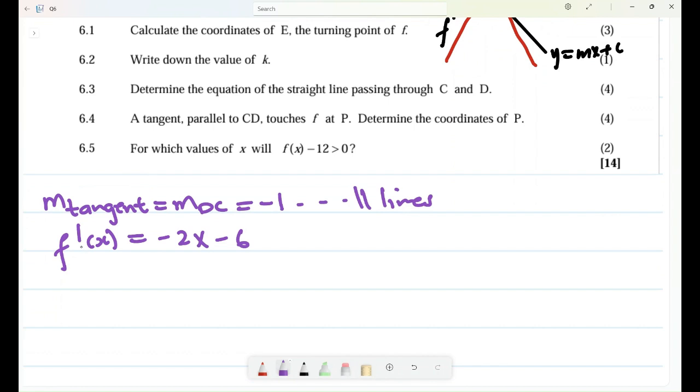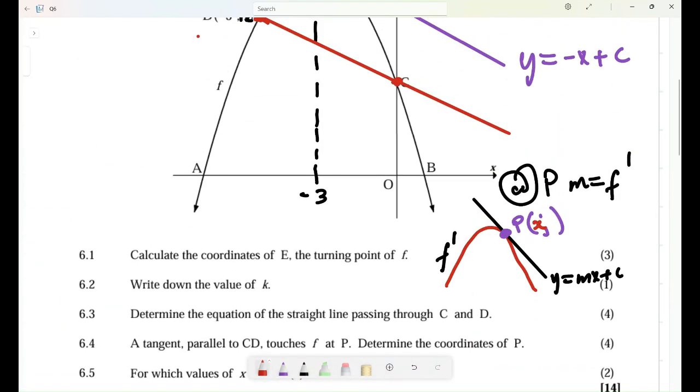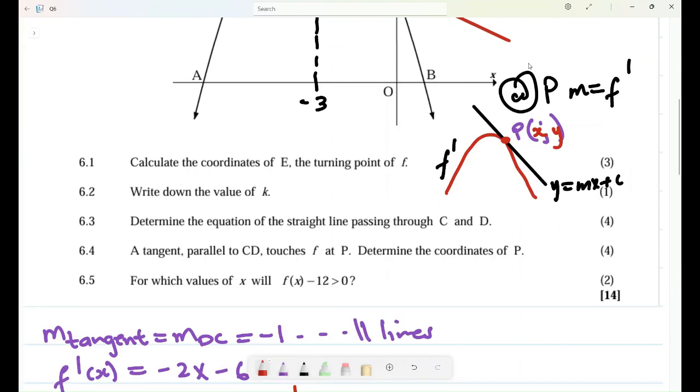This is the gradient, right, of f of x, but at the x coordinate of P, whatever x coordinate of P, what happens? f prime of x is equal to the gradient of the tangent. I repeat, at this x coordinate of P, where they share a point, the gradient of the tangent is equal to the gradient of the function.